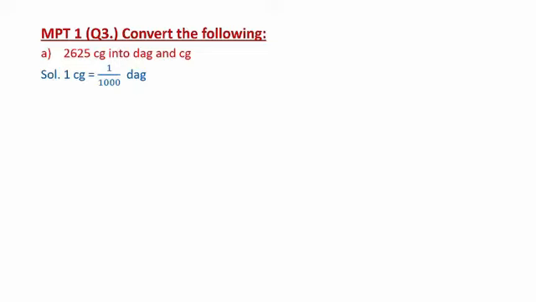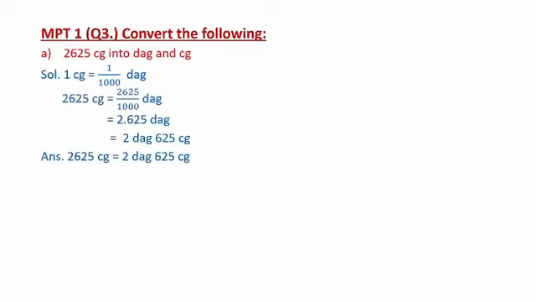The operation will be division and the relation between them is 1 centigram equals 1 by 1000 decagram. So converting 2625 centigram into decagram, we will divide it by 1000, that is 2625 divided by 1000. It will give you 2.625 decagram.